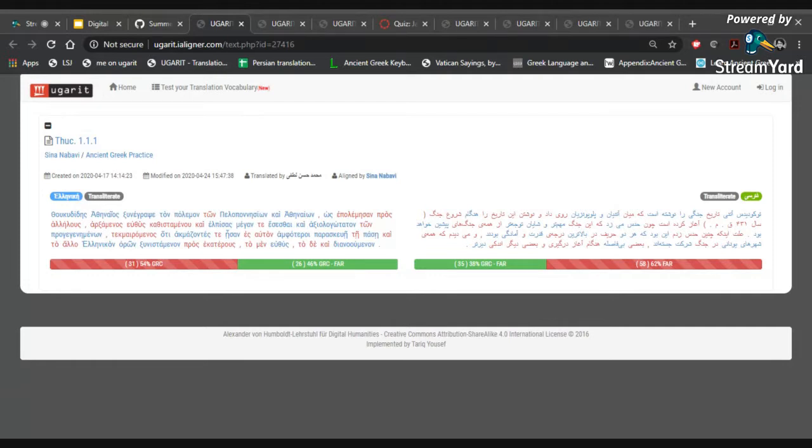Comparing this, I would like to start with a very simple example, the article. Let's start with the English, actually. In this alignment, we have the first article of the sentence, in ton polemon, where ton is aligned with the in English.